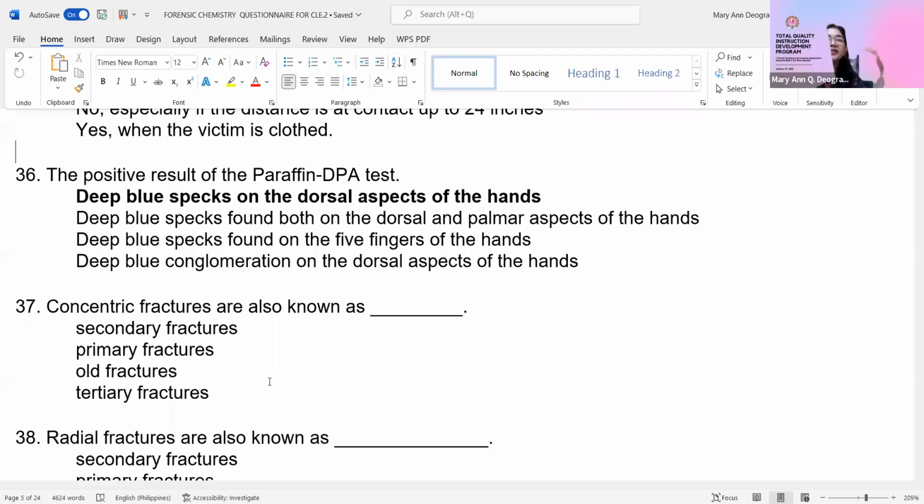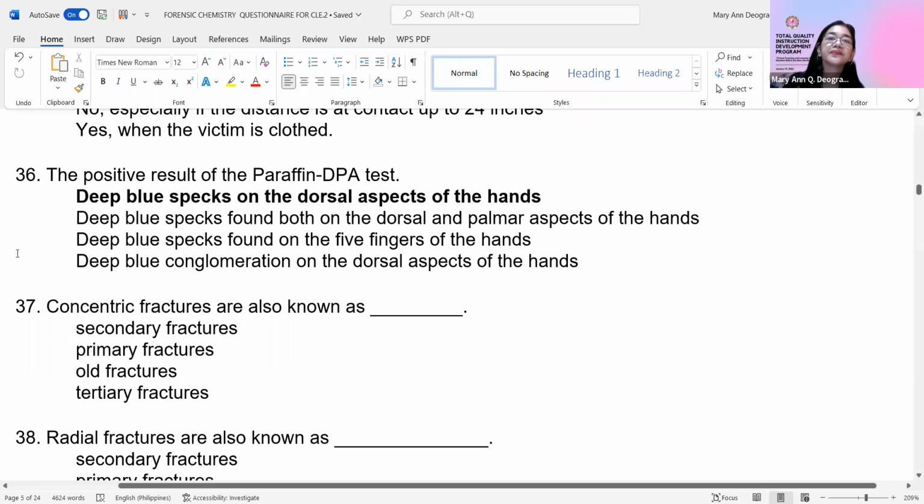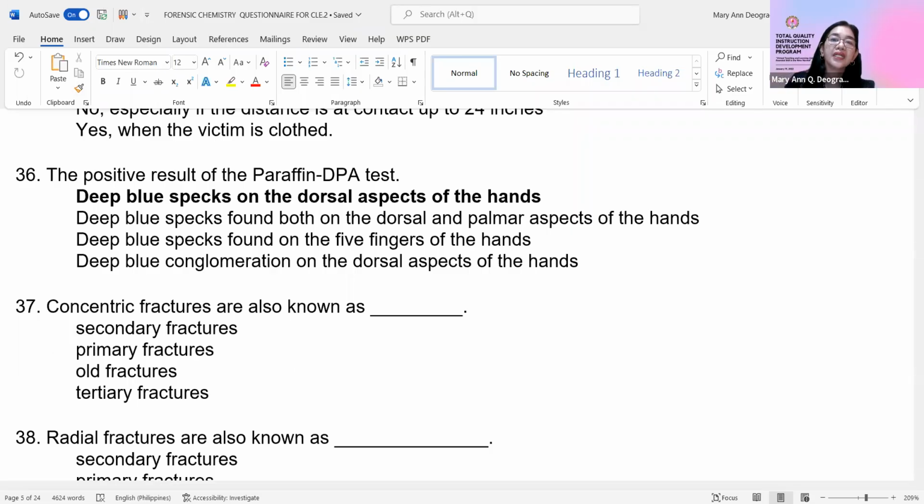Ito yung force. Dito sa side na to ang force. Saan ang concentric cracks mamumuo? Is it at the rear? Sa likod ba o dito sa harap? Tingnan natin. Okay, sa harap, no?